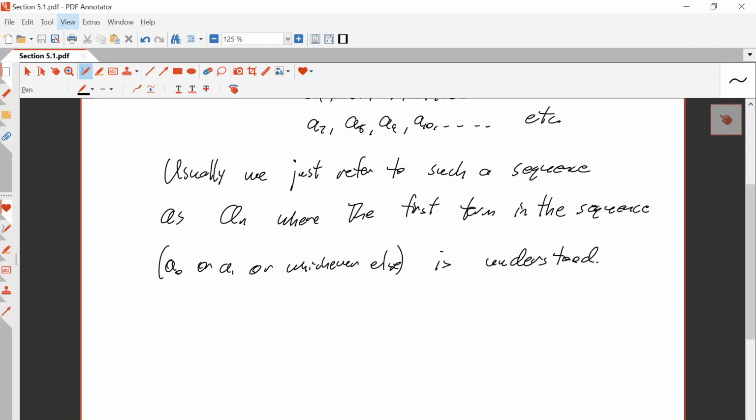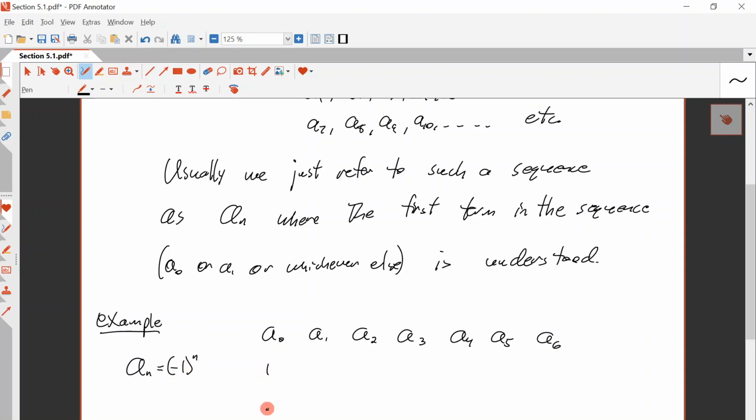So, for example, here's some sequences. AN equals minus 1 to the n. Right? So let's assume all of these start at A0. Then A0 is minus 1 to the 0, which is 1.